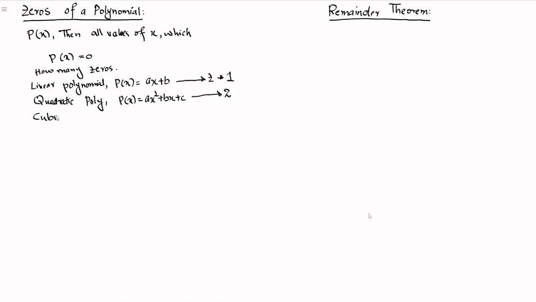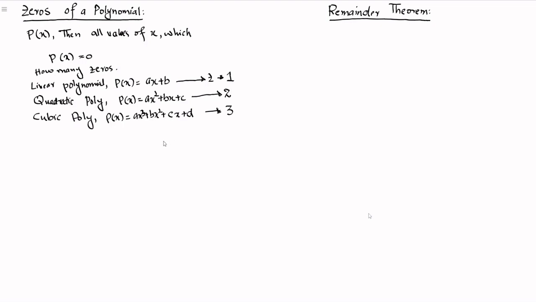If we have a cubic polynomial, which is written in the form p of x is equal to ax cube plus bx square plus cx plus d, then we have three zeros for that polynomial, and so on.